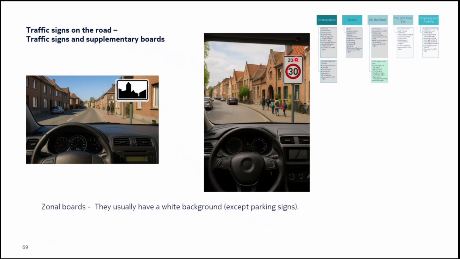It indicates a zonal board. What is within the zonal board is, in this case, a prohibition to exceed speed. In this case, it's a speed limit of 50 kilometers per hour, or 30 kilometers per hour in the Brussels area. Okay.